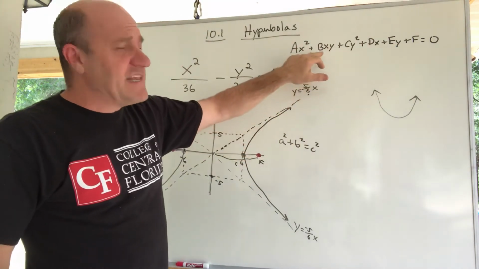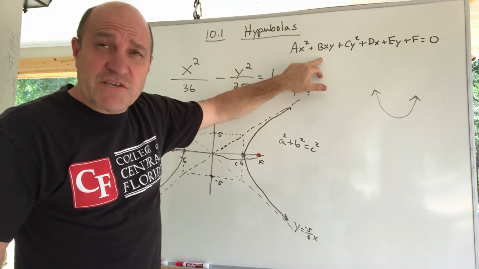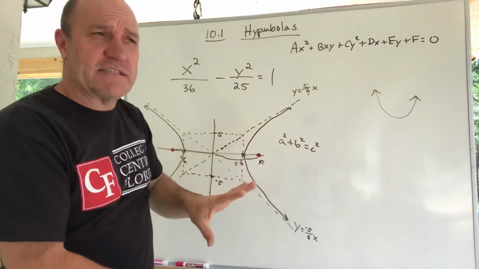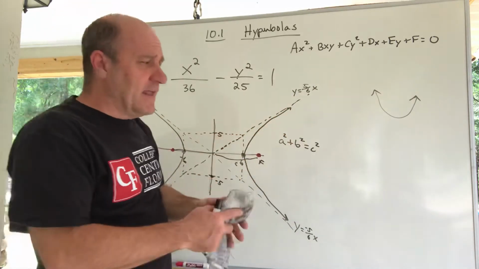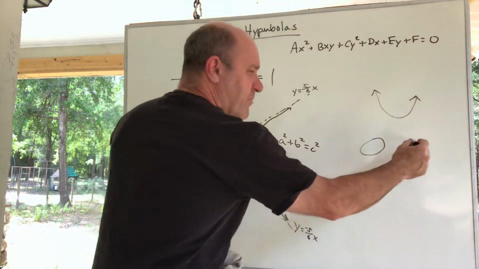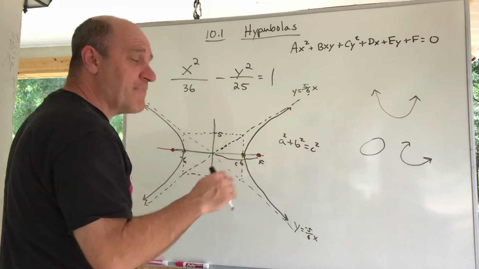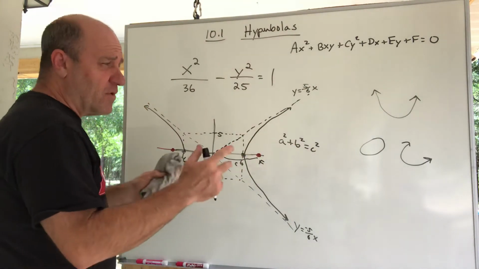What I did say was that B is 0. Otherwise, when B is not 0, we get a rotated conic section, like an ellipse that's been rotated 45 degrees, or a parabola that's been rotated, or a hyperbola that's been rotated. So here's what I wanted to say.